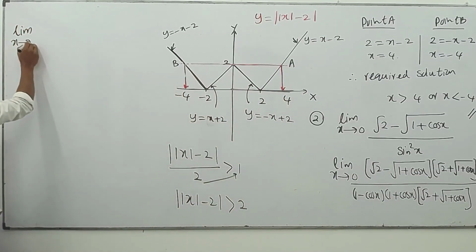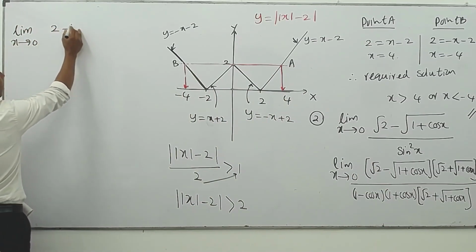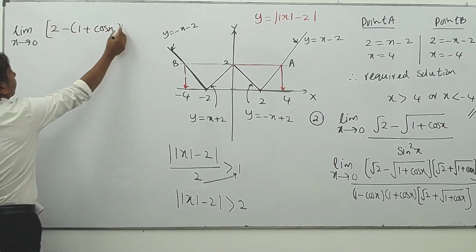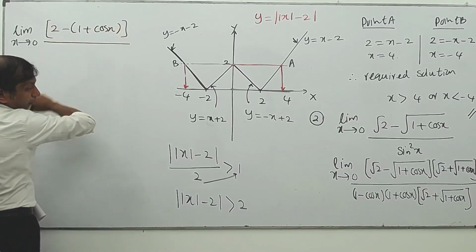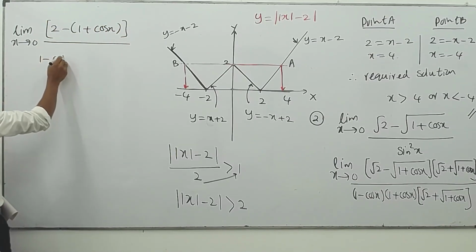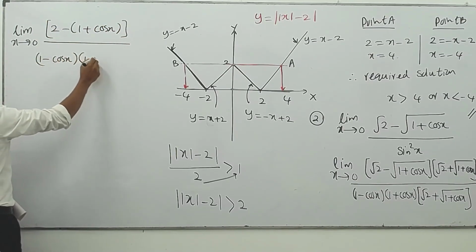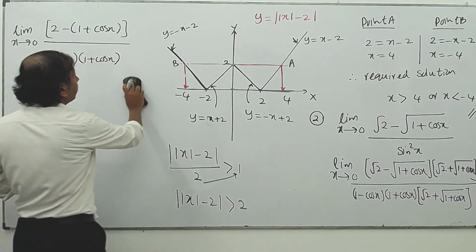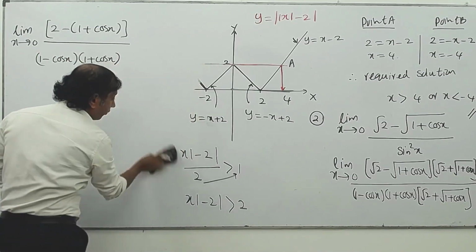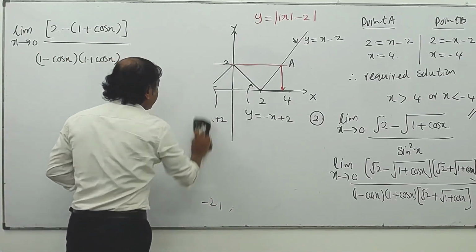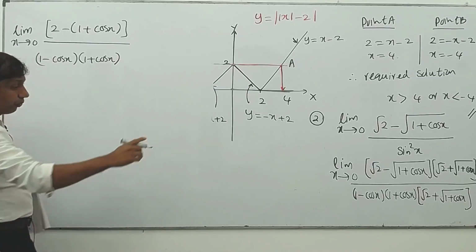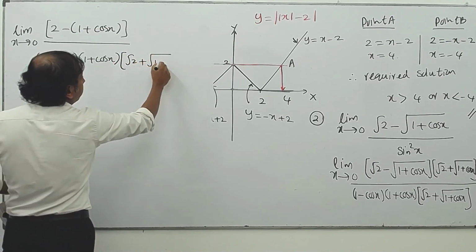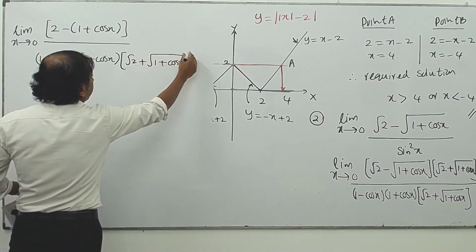Limit x going to 0, 2 minus 1 plus cos 6x, and 1 minus cos 6x, 1 plus cos 6x, and that, yes, what is that? Root 2 plus square root of 1 plus cos 6x, right.